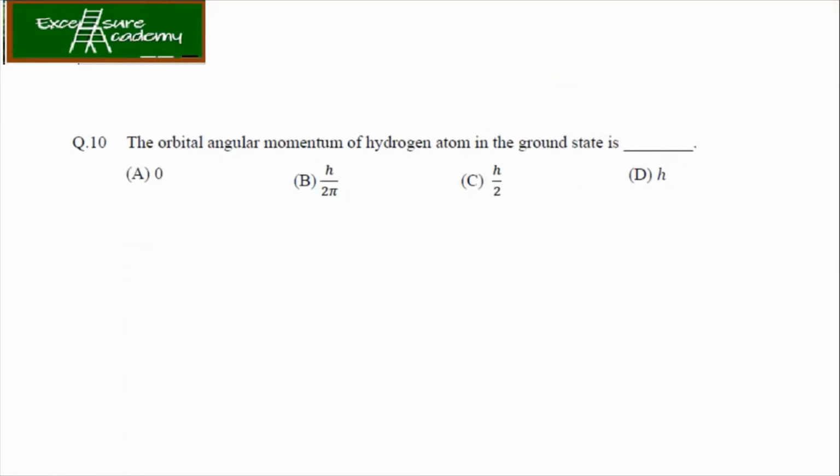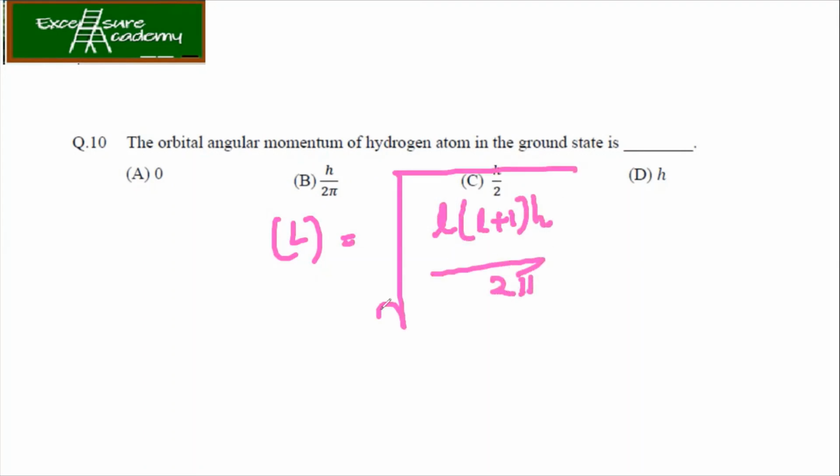The orbital angular momentum of hydrogen atom in the ground state is dash. So we know that the angular momentum, represented by L, is given by the formula under root L(L+1) h by 2 pi. Here L is the azimuthal quantum number, represented by the subshell.